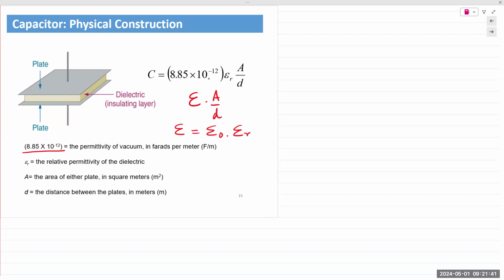Everything is metric, so in meter square. And D is the distance between the two plates. So D is right here. That's D. Then the cross-sectional area is of the plate.